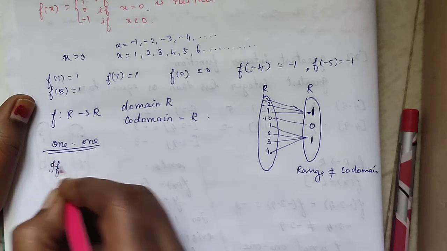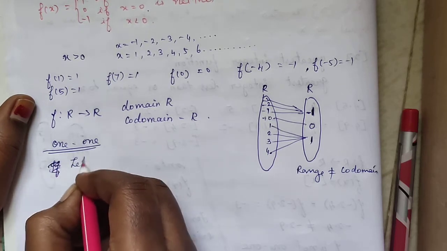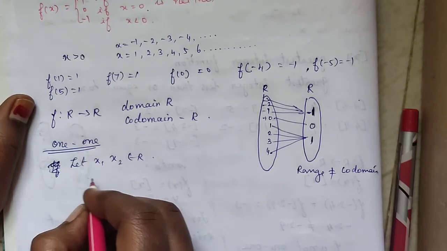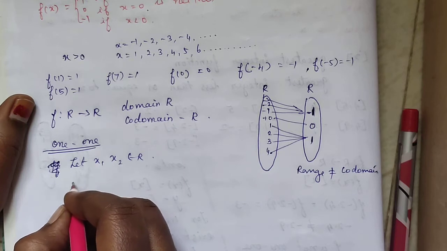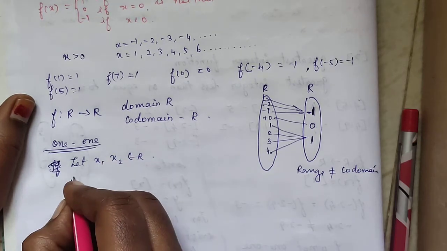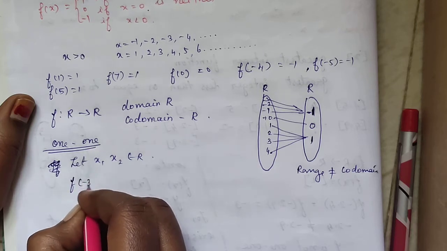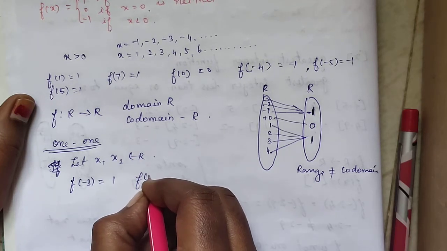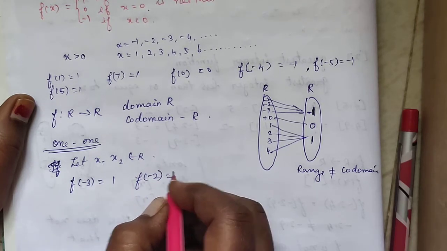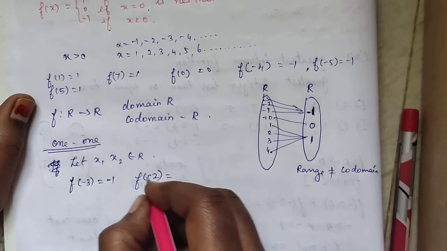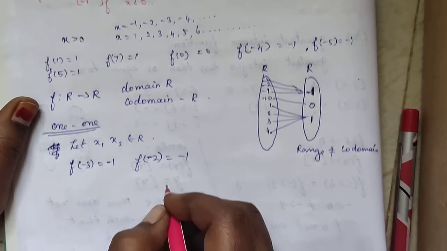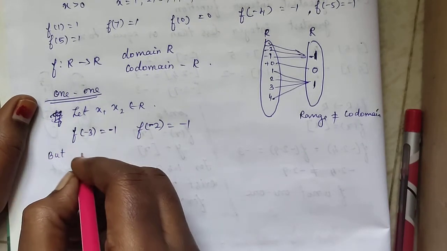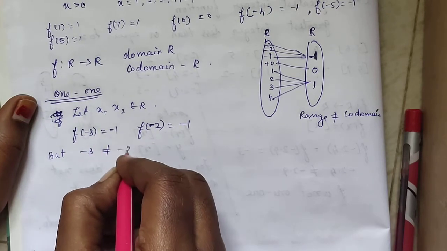Let x1, x2 belong to R, that is, let us take minus 3 and minus 2. f of minus 3 is equal to minus 1, f of minus 2 is equal to minus 1, but minus 3 is not equal to minus 2.